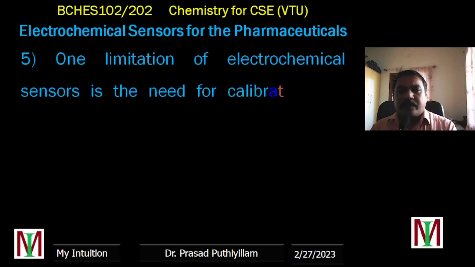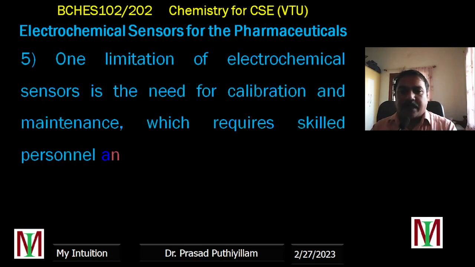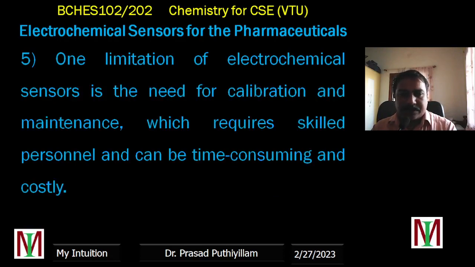One limitation of electrochemical sensors is the need for calibration and maintenance, which requires skilled personnel and can be time consuming and costly. One of the limitations, not that electrochemical sensors have no disadvantages. It has got some. You have to calibrate it. You have to keep it ready for measuring accurate results.